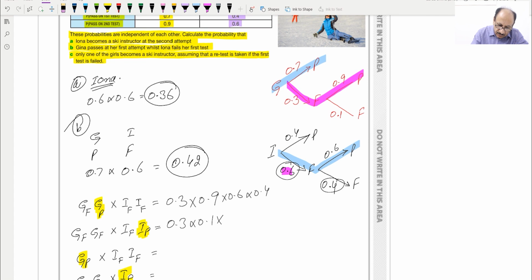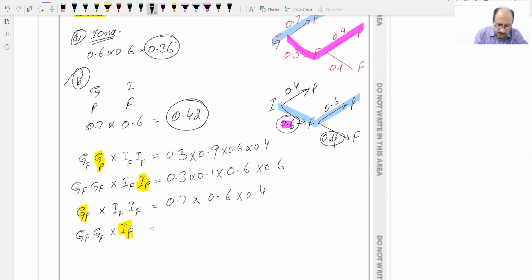Now Gina pass in her first attempt will be 0.7, and Eona fail in both attempts will be 0.6 and 0.4. So 0.6 into 0.4.